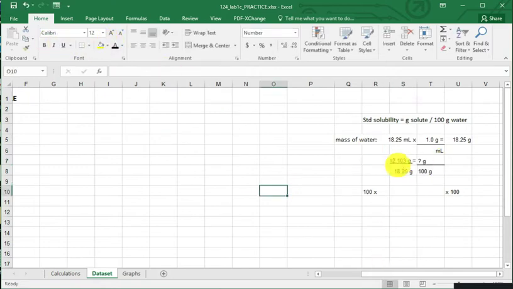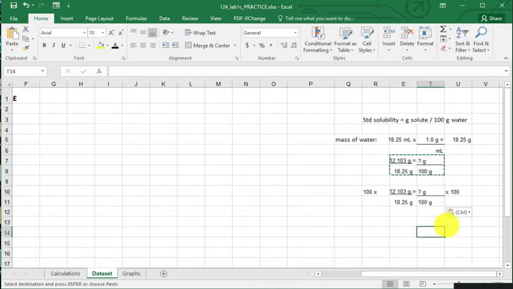So I can just solve for the x by multiplying both sides by 100 grams, right? And in this case, these will cancel out. So this is going to be the mass of the solute divided by the mass of the water times the 100. And this is going to be the same for each one.